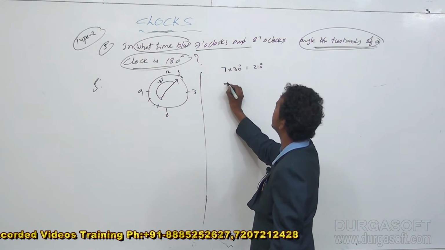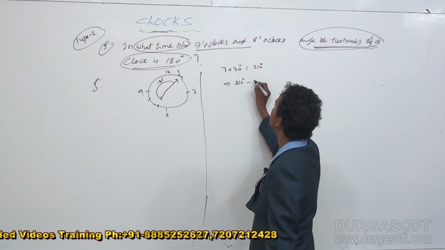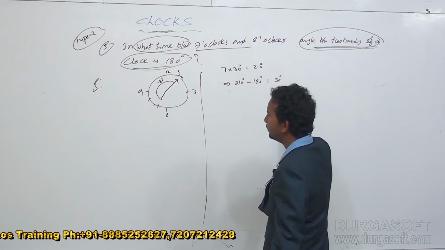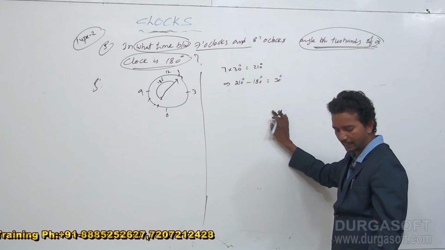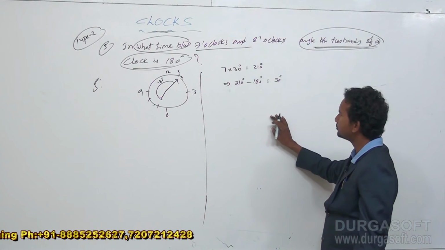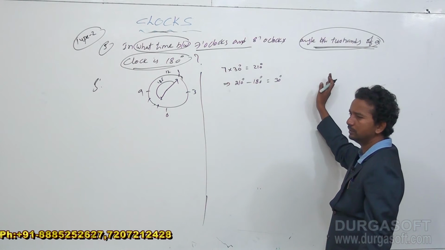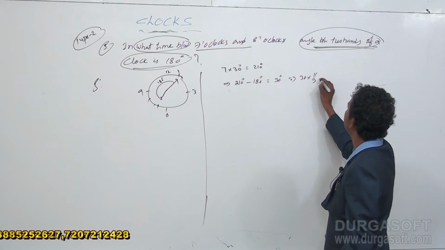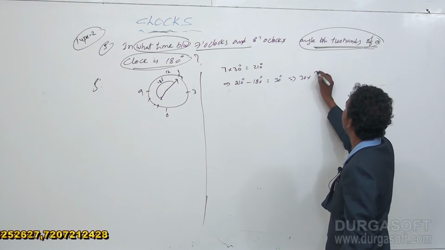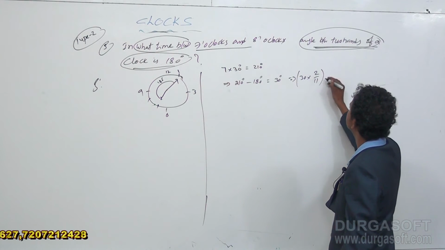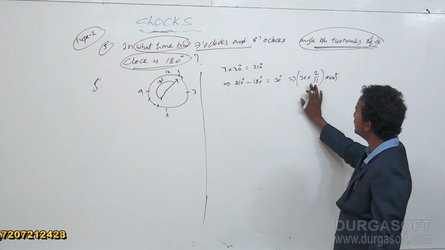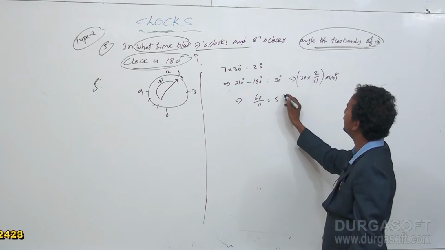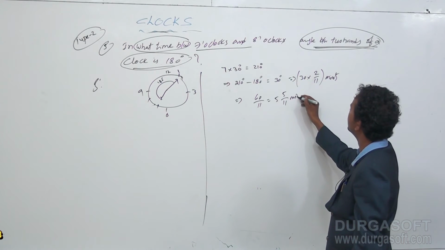So you subtract: 210 degrees minus 180 degrees is 30 degrees. Now I convert 30 degrees into minutes: 30 into 2 by 11 minutes. Here 60 divided by 11 gives 5 by 11 minutes will be required.